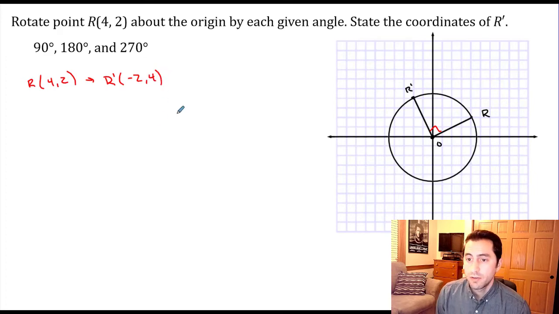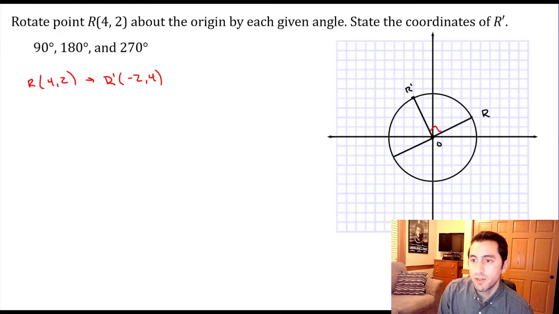Okay, now the next one, the rotation of 180 degrees. We're still going to end up somewhere on this circle, but now we want this angle of rotation to be 180, which means that our two segments are going to form a straight line. So I just take the segment I already have drawn in and extend this out to form that straight angle of 180 degrees.